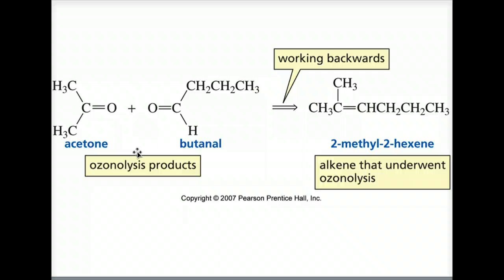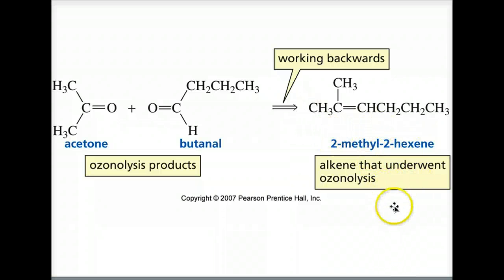Interestingly, ozonolysis can be used to determine the structure of an alkene. Chemists have turned it around. If you know the structures of the products formed by ozonolysis, you can mentally work backward to deduce the structure of the alkene. Here we've got acetone and butanal as ozonolysis products, and working backwards, we can see 2-methyl-2-hexene.